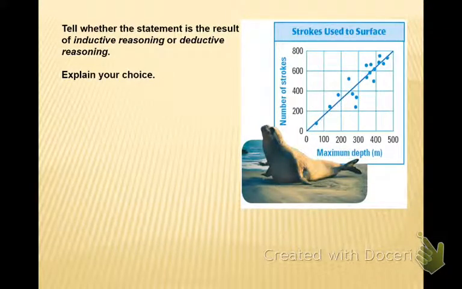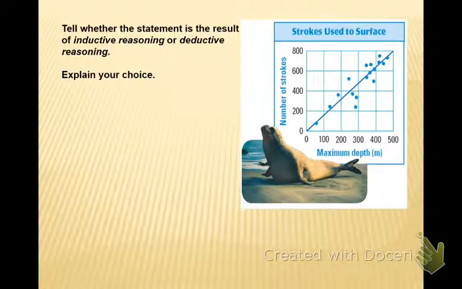Tell me whether the statement is the result of inductive reasoning or deductive reasoning. Is the statement coming from a recognized pattern, or what we can pull from the data, or is it from proven facts? Okay? Again, not what you have in your notes here. But we have this sea lion, right?